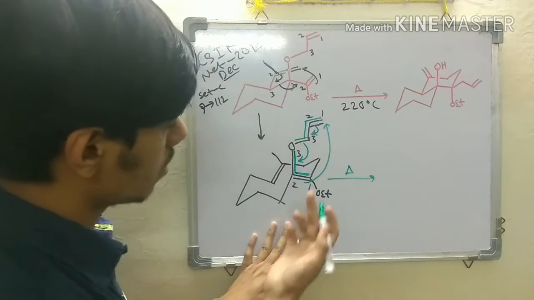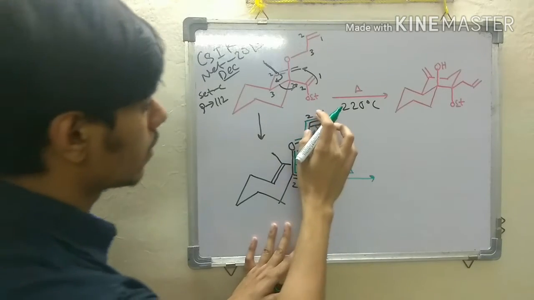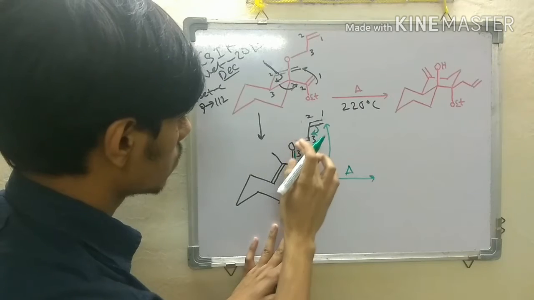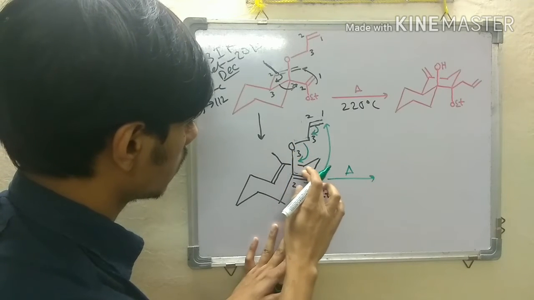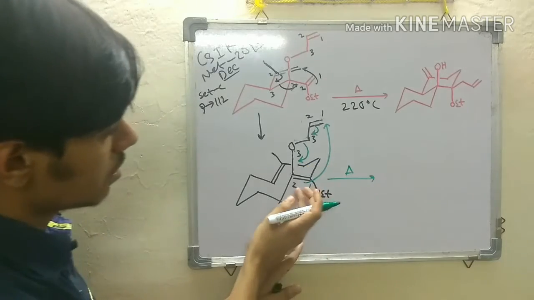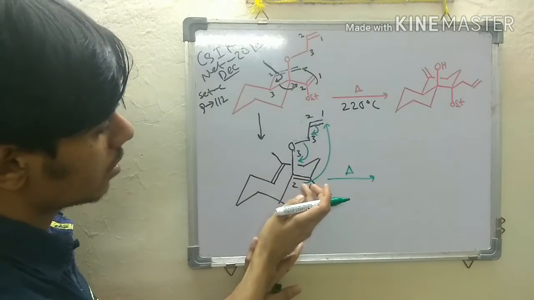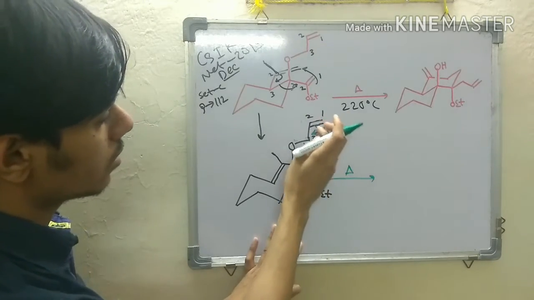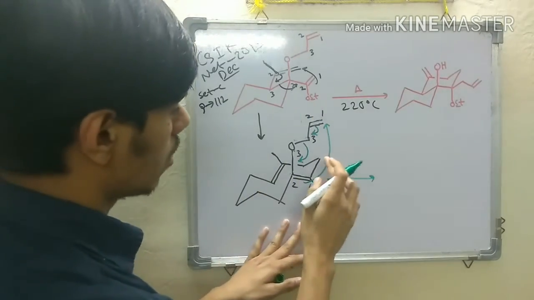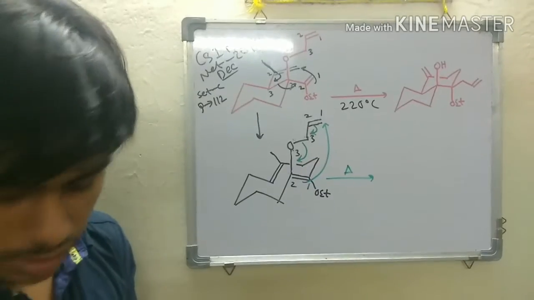It may be clearer if I erase this one. What is happening is, this arrow I am pushing here will go here, and you can write it in a more proper way like this.